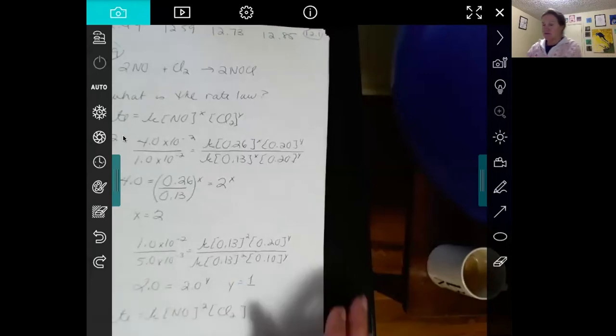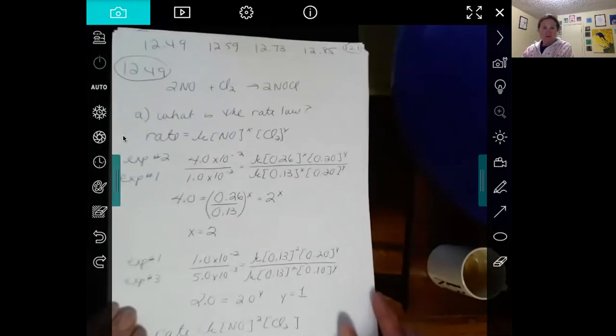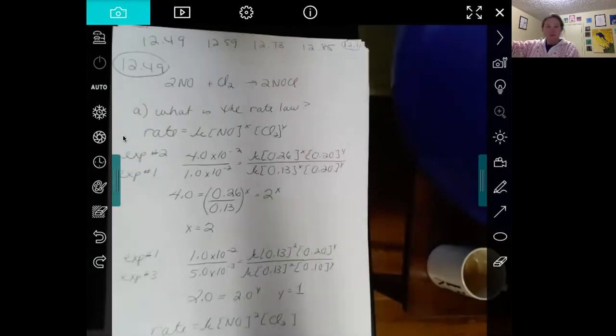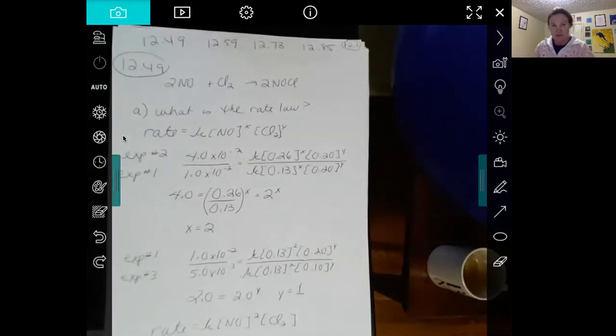Okay, and share the screen. And I'll hopefully remember to move it up when we get to the bottom of this first problem.